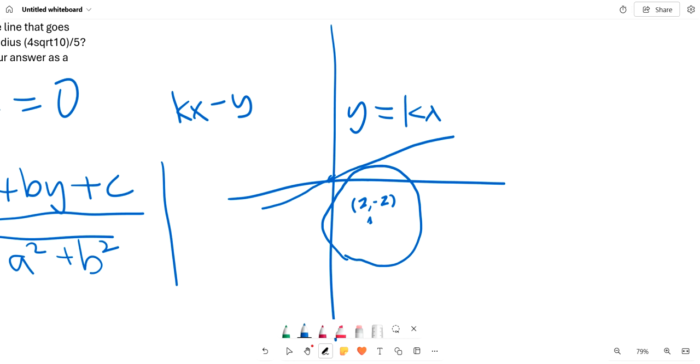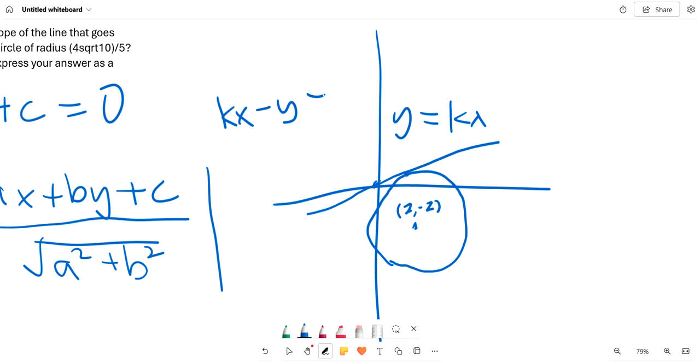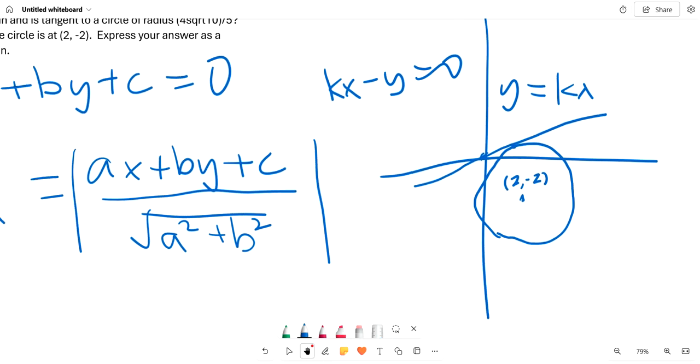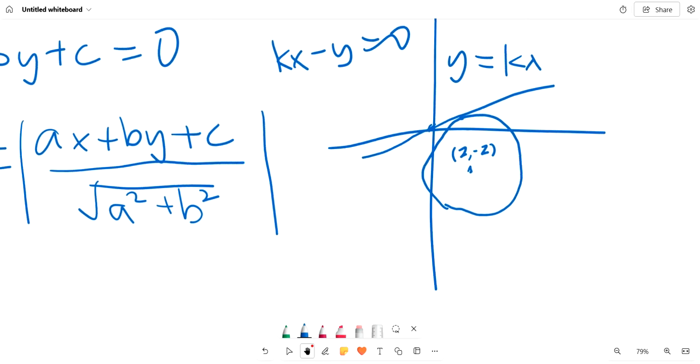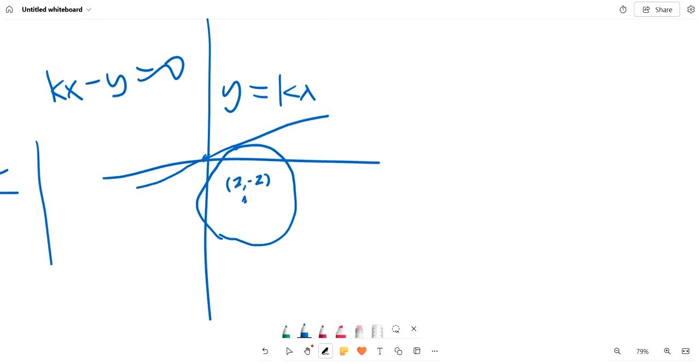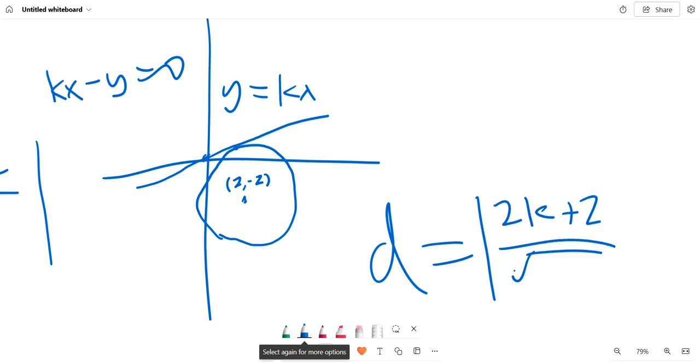So if we input these values into the formula, we get d equals the absolute value of 2k + 2 over the square root of 1 plus k squared.